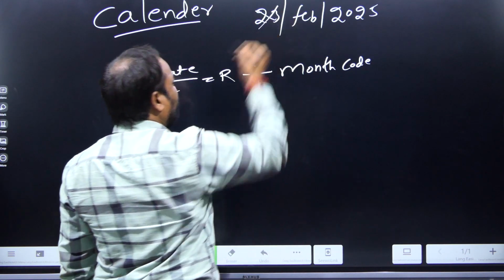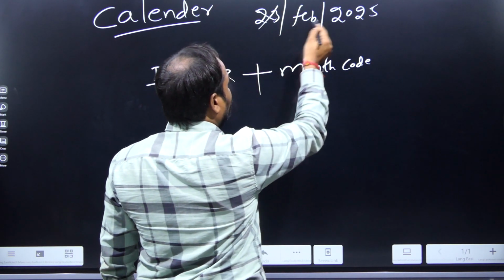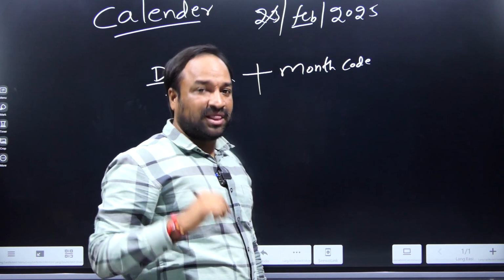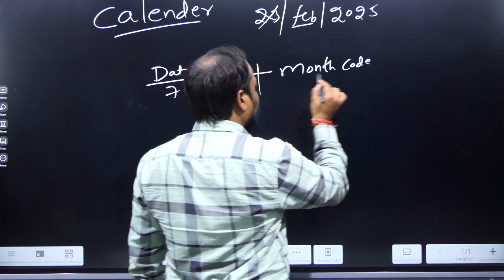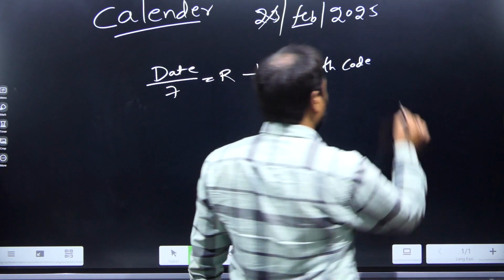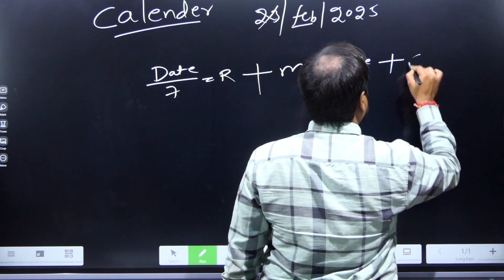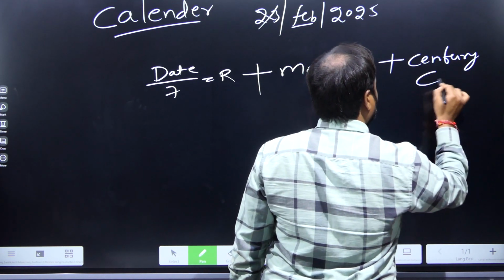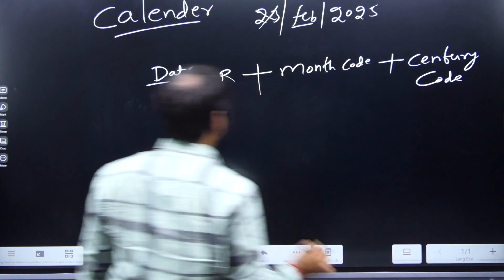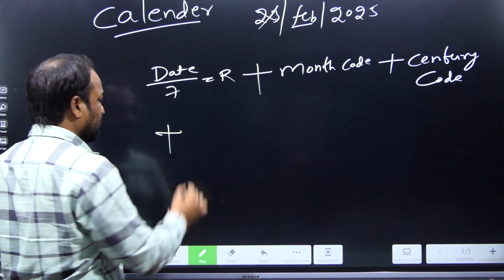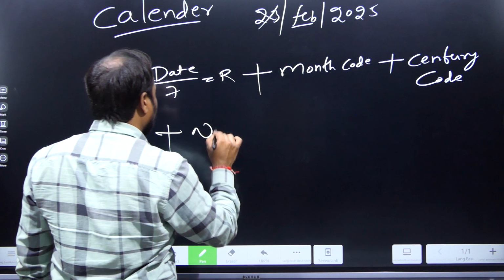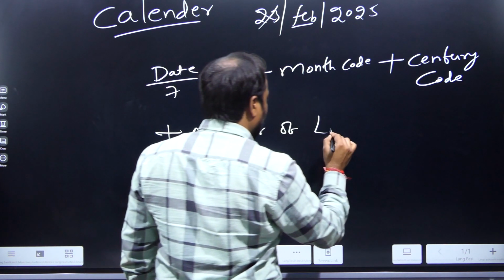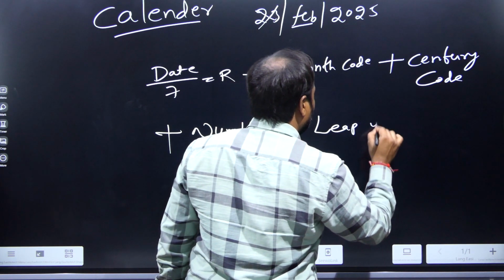After completion of the date, we have to consider the month. What is the month? February. For February, there is a month code. Then we have to consider the century code. Then we have to find the number of leap years.